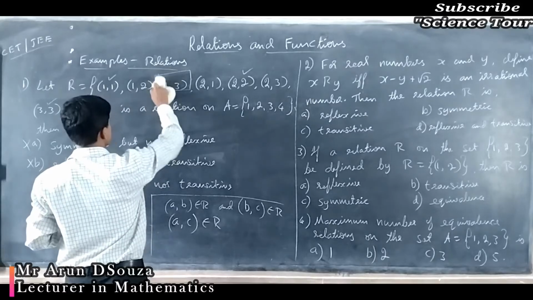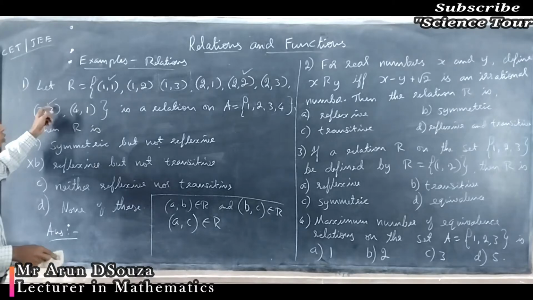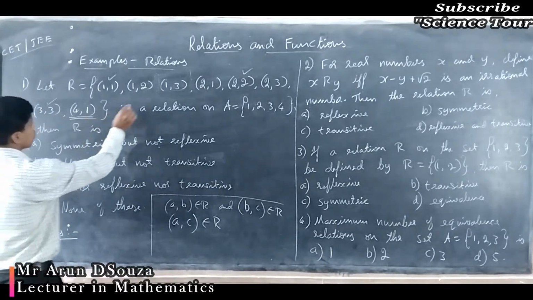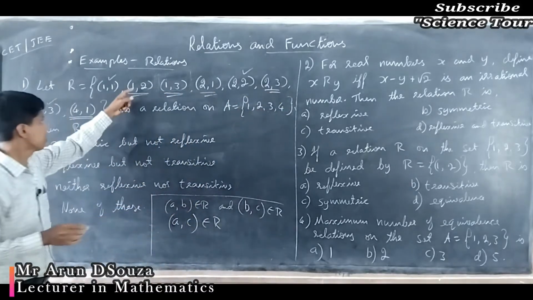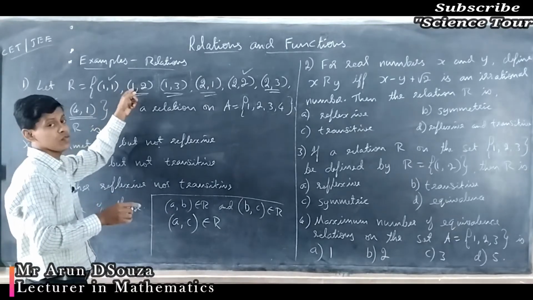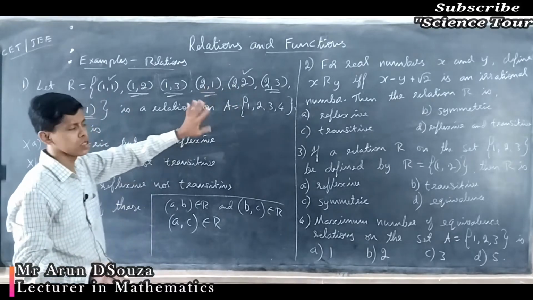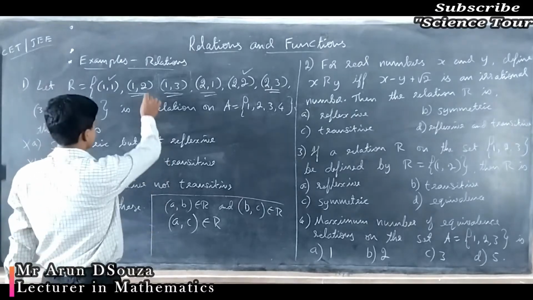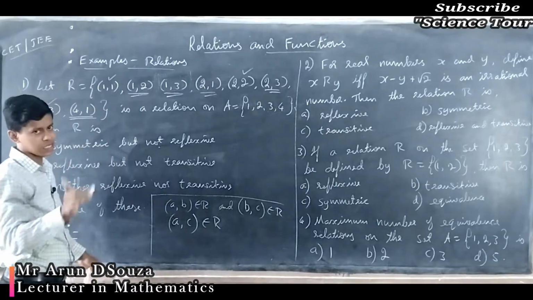So basically you avoid checking the ordered pairs of the type (a, a). Don't check for these, because that will always satisfy. Now you got to check only for the remaining things. So start with (1,2) and go for starting with 2. If you are taking these two, then the resultant is (1,1), which is present, correct?